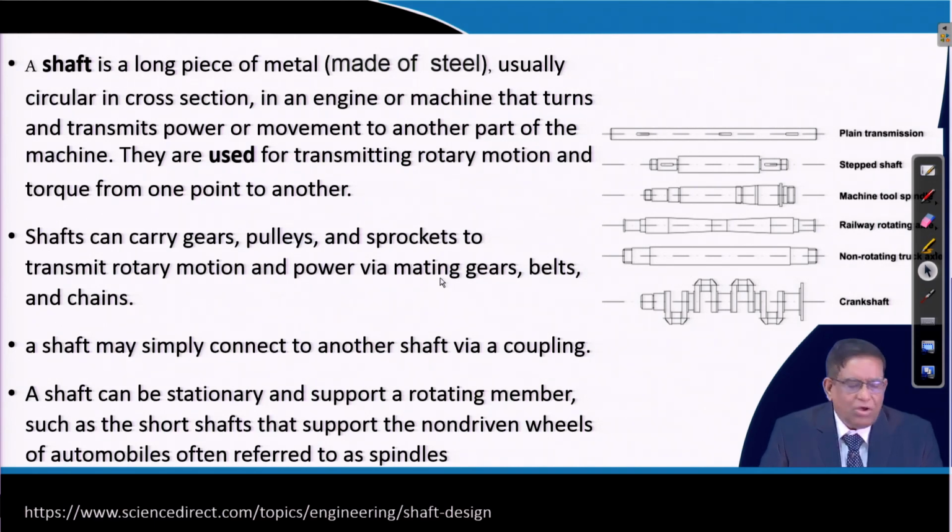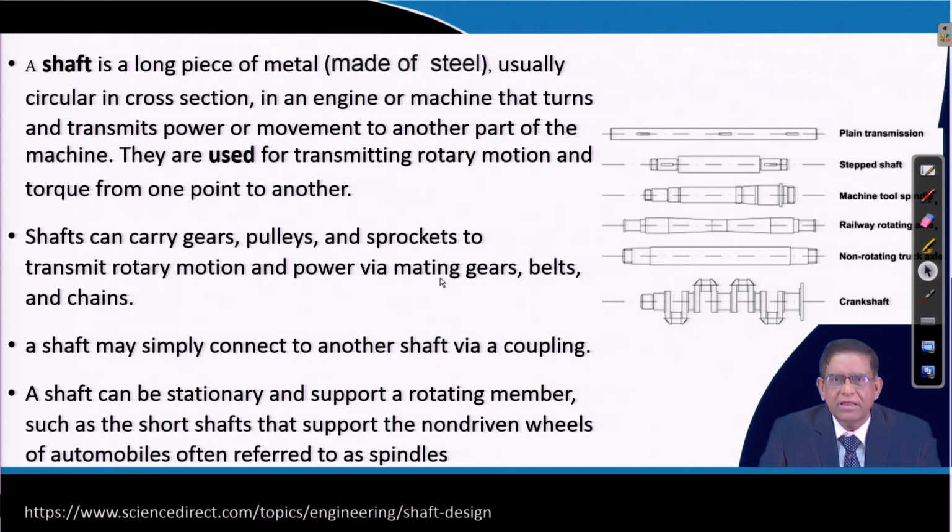These two are very common terms, but a shaft is any part in a machine on which you mount gears, pulleys or sprockets, so that the power from the prime mover, the main source of power, is transmitted to the driven objects by means of this shaft. Sometimes one shaft is connected to another shaft, and it may not carry any other element on it.